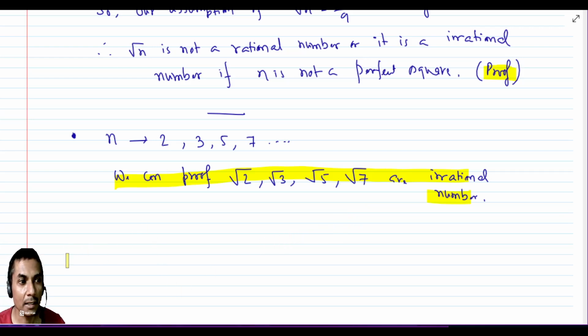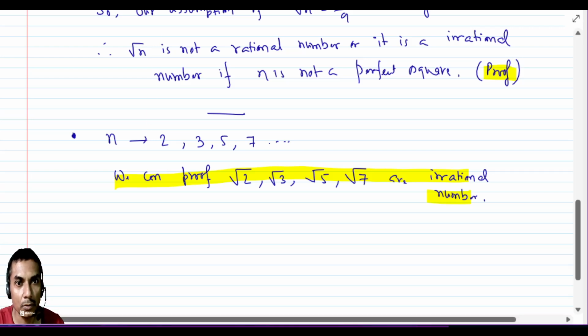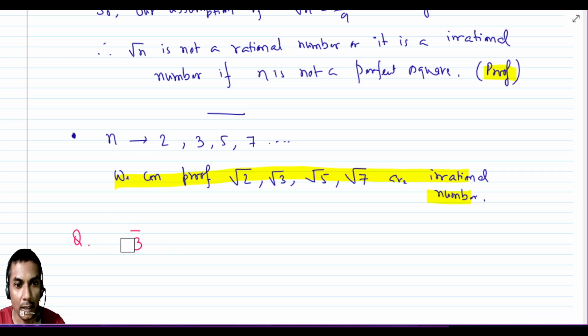Then we take one question. For example, I give another example, that is 3 root 3. Question number 2: prove 3 root 3 is an irrational number. 3 root 3 is a multiple of root 3.